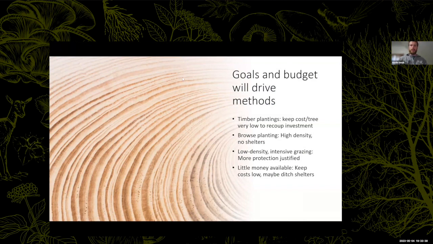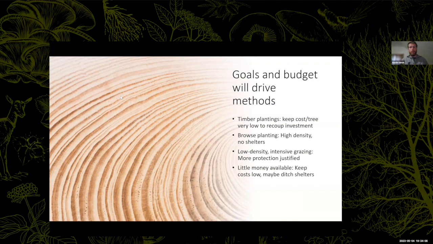So I've shared a little bit here about the methods that we use, but those methods are used in a certain context. In Pennsylvania, like I said, we don't have any cost share through NRCS, but we have been able to find cost share through water quality related funding sources.